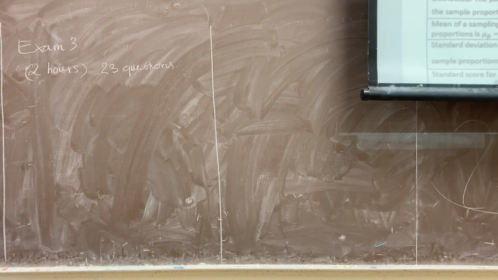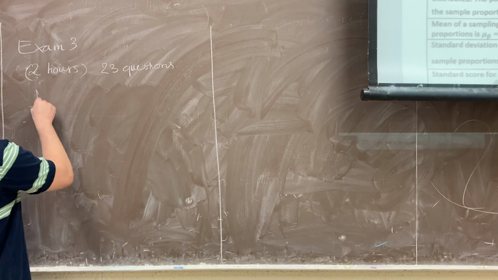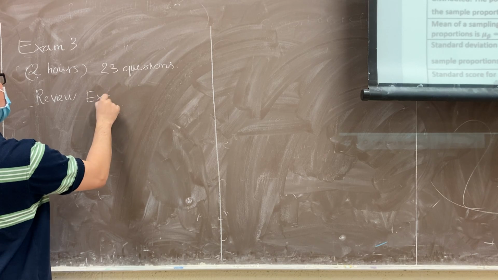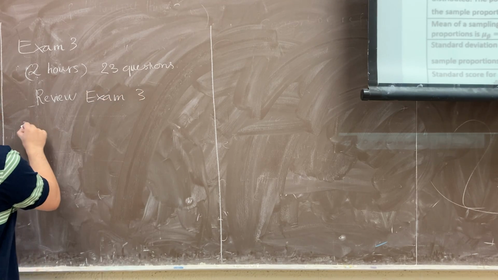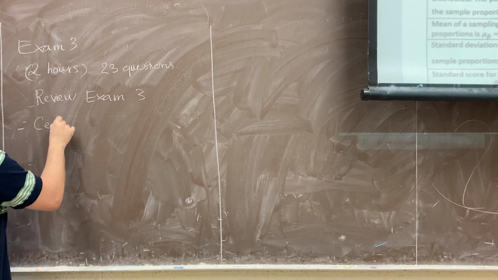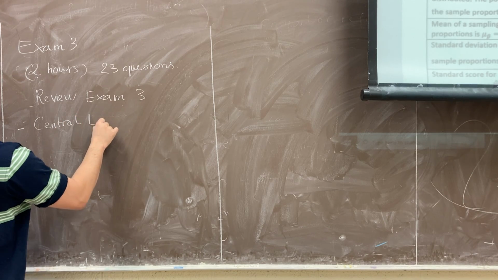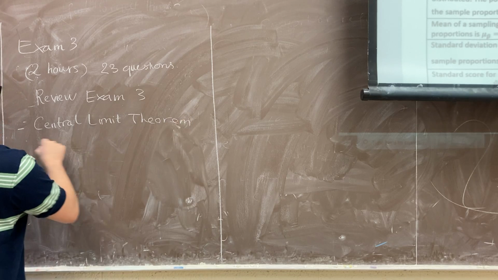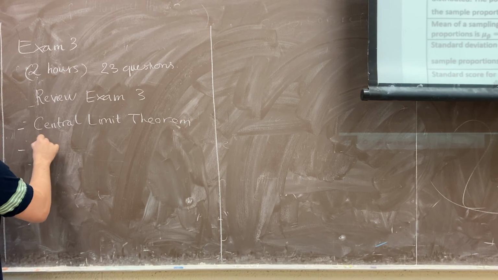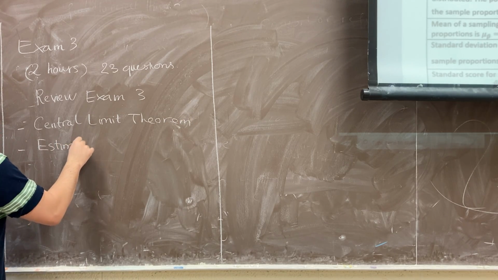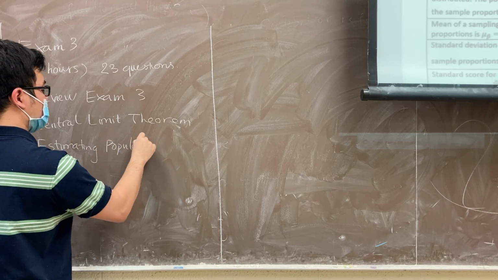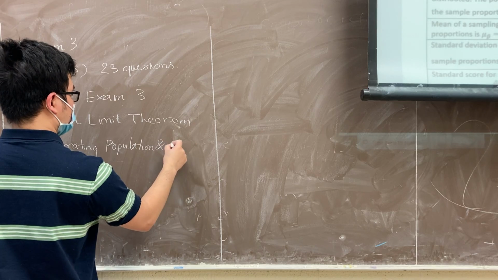And now we continue to review. Today I will review exam 3. We will have chapter 7, the central limit theorem, and estimating population and proportion, chapter 8.